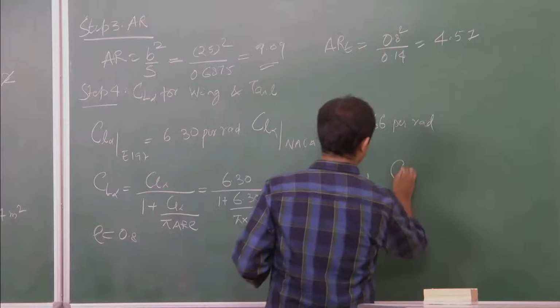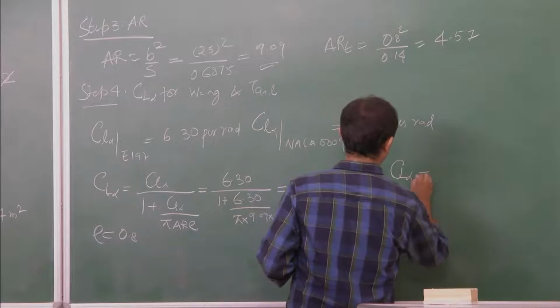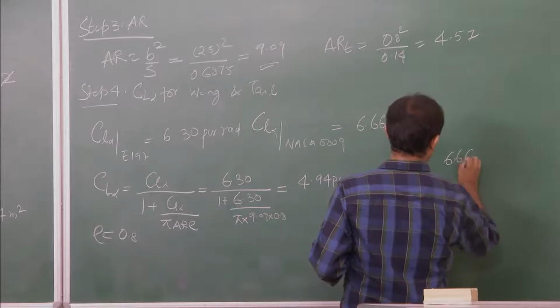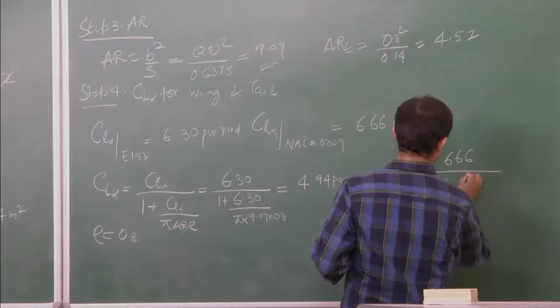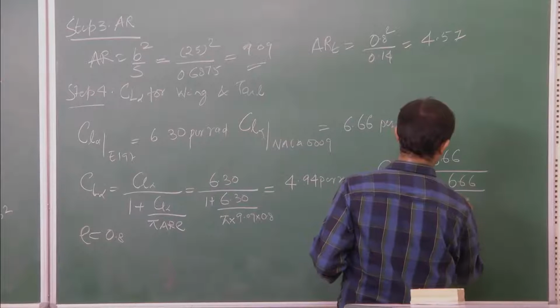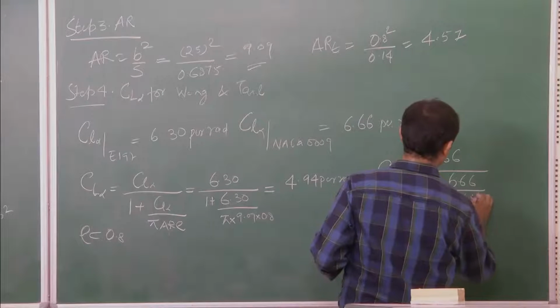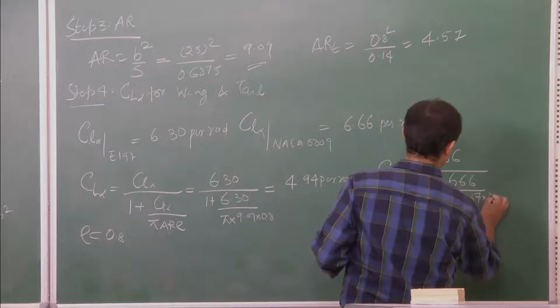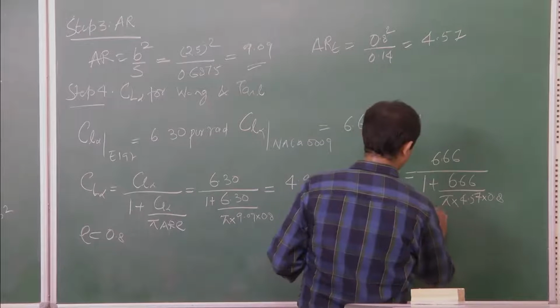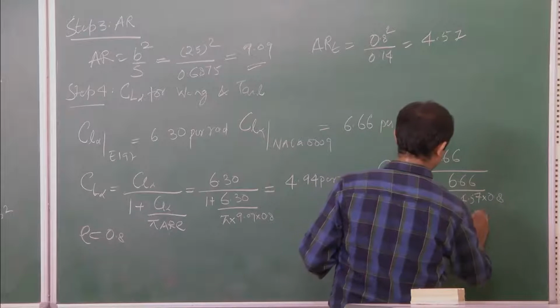And CL alpha for tail equals 6.66 divided by 1 plus 6.66 by pi into 4.57 into 0.8, which will come around 4.21 per radian.